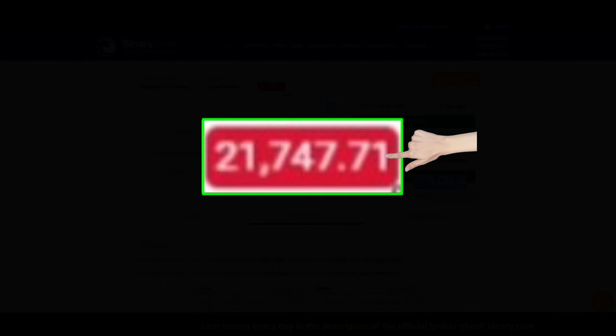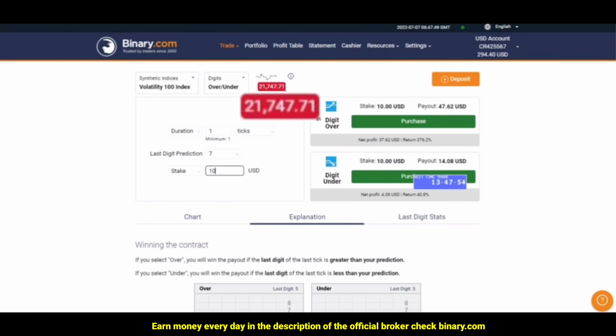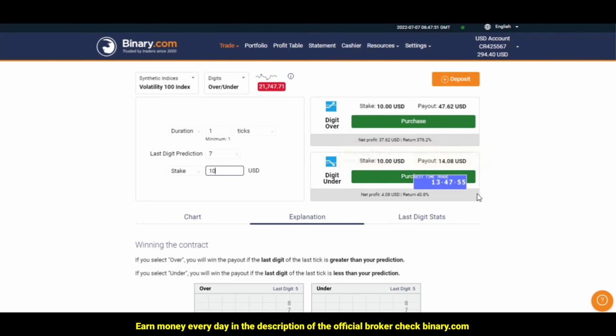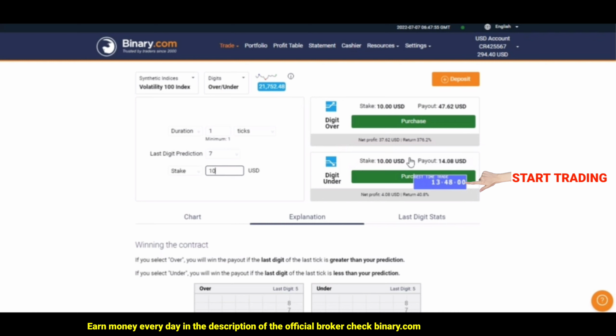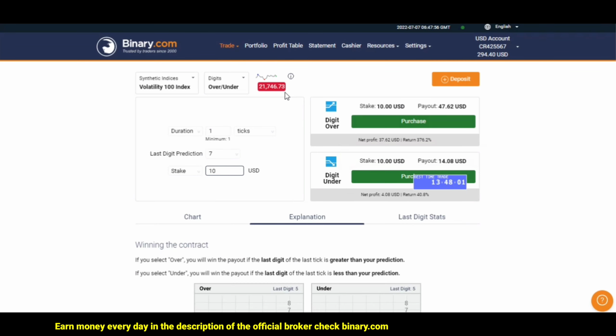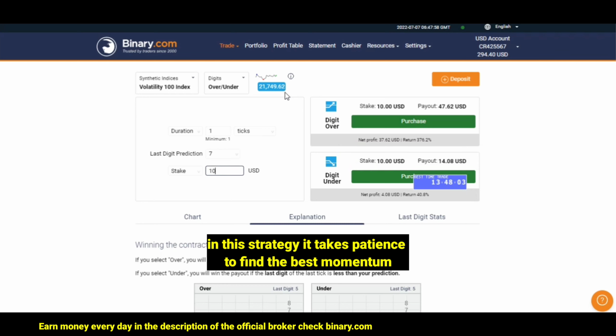If that number comes out 3 times, then open a position under. In this strategy, it takes patience to find the best momentum.